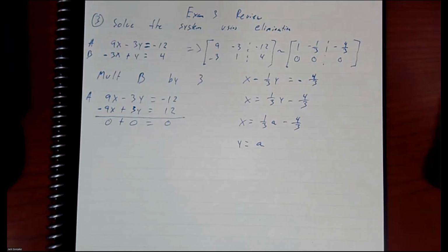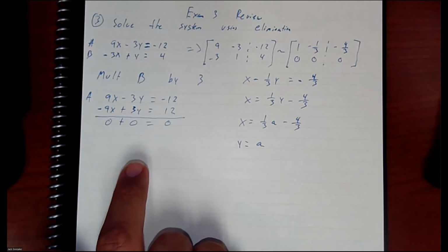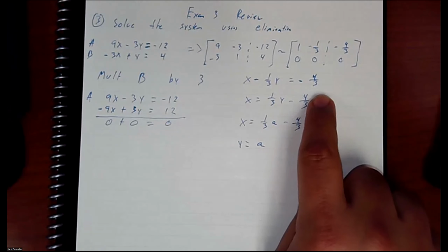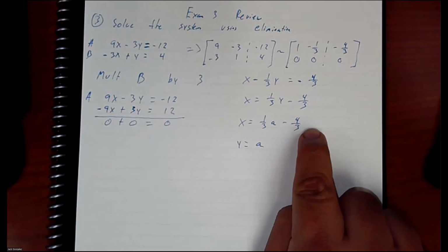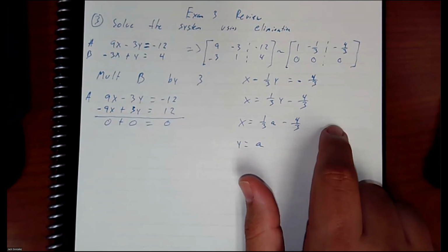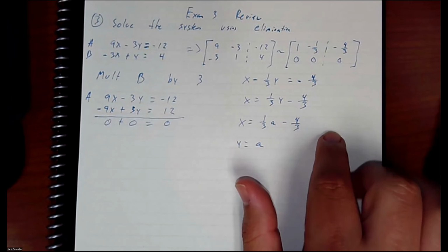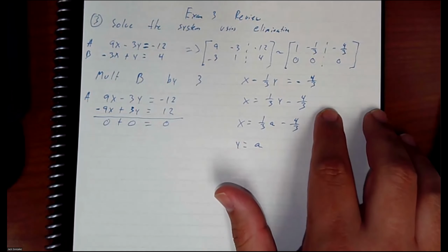It looks like there is no multiple choice, so you'll have to write this down. If you write it this way or this way, I think that's fine. You don't have to show your work, but write something.